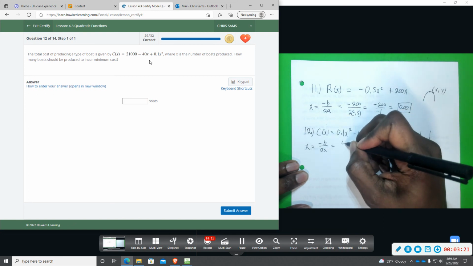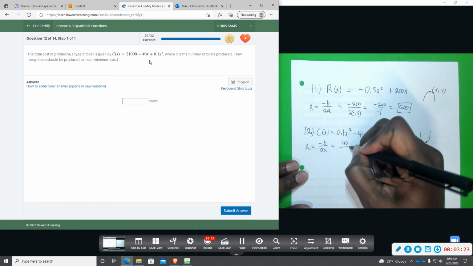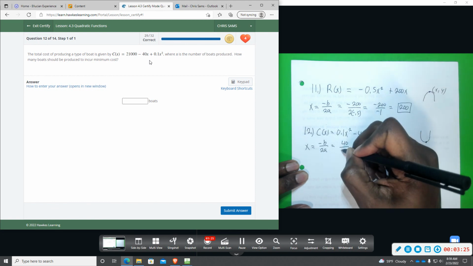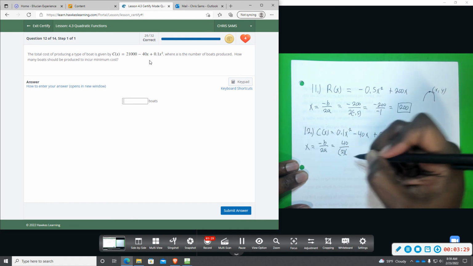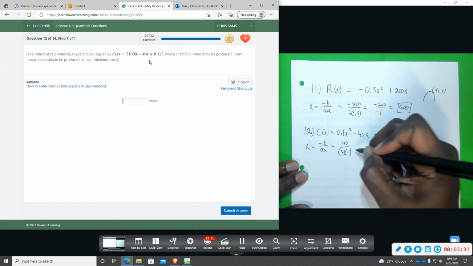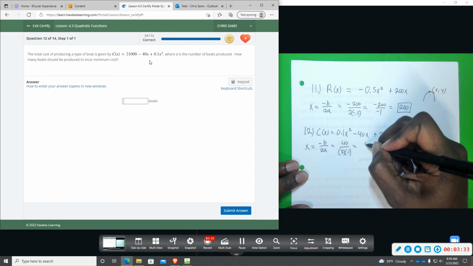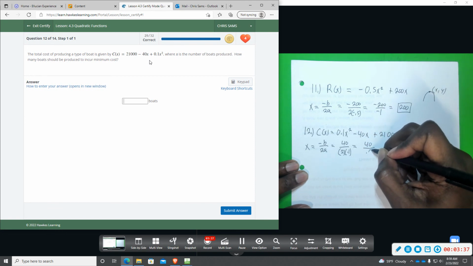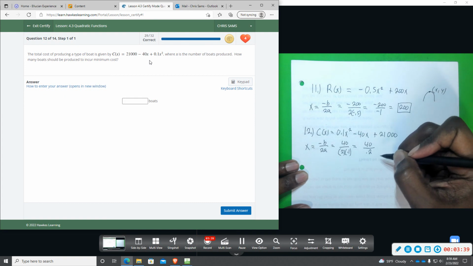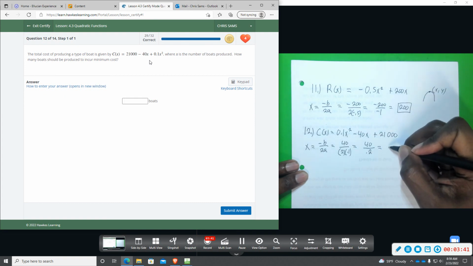I'll make it a positive 40 divided by 2 times 0.1, and then that's going to give us 40 divided by 0.2, and that will give us 200.